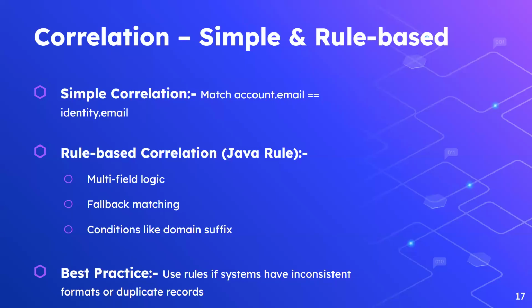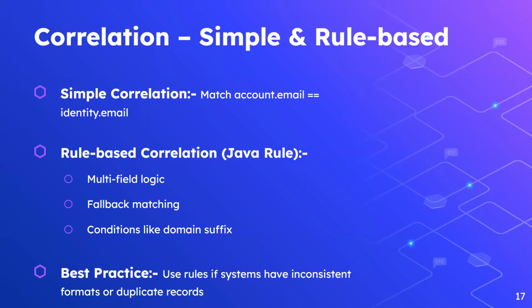Now, coming to the rule-based correlation. There you need to write custom logic if there is a particular requirement. For example, conditions like the domain suffix should be there, like the same example I gave you, @x.com, @y.com. It can be any customization logic.